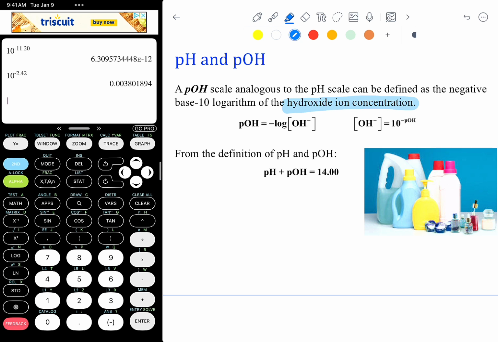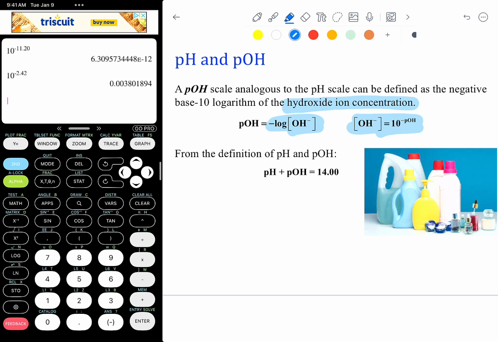So we have a very similar equation to use to find pOH. It's the negative log, but now we're using the hydroxide ion concentration, and that gives us the pOH. If we know the pOH and we want to find the hydroxide ion concentration, then we can use the second version of this equation, again very similar to our previous one, where we do 10 raised to the negative pOH.